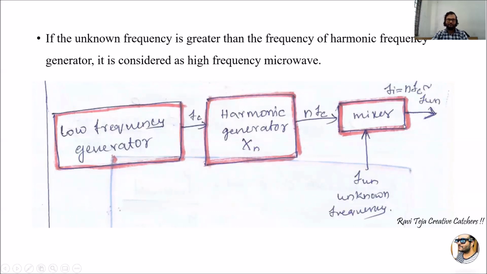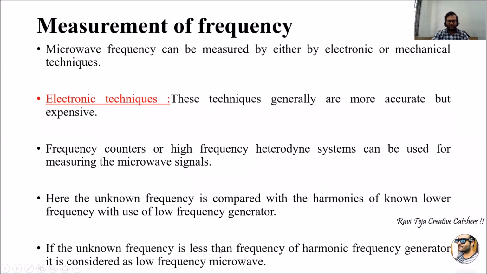Now, if the unknown frequency is greater than the frequency of this harmonic frequency generator, then it will be considered as a high frequency microwave. Let us say the unknown frequency is less than the frequency of the harmonic frequency generator, then it is considered as a low frequency microwave.